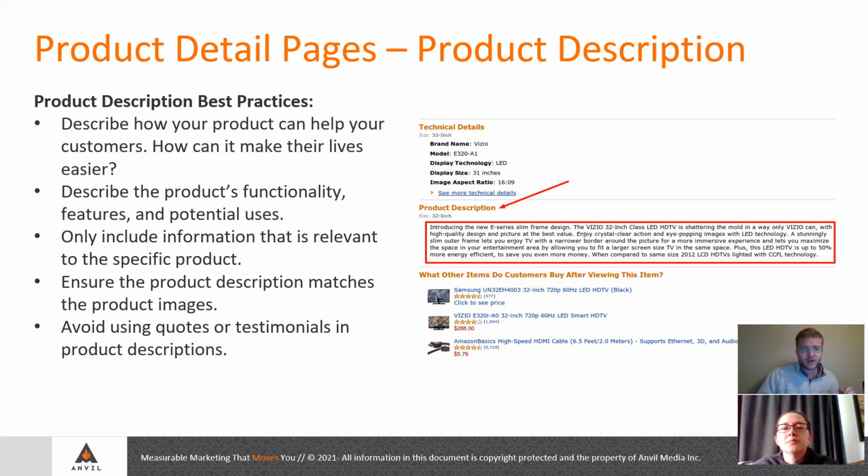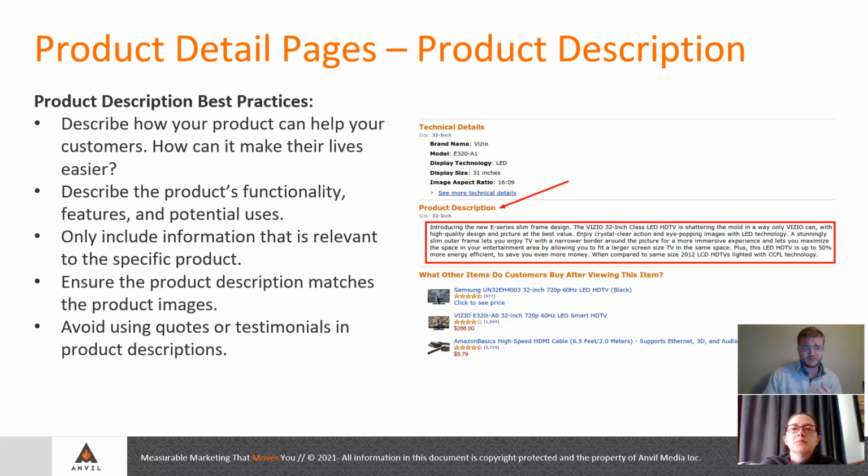Also only include information that is relevant to this specific product. And I say this when brands are offering a product with additional accessories around the product. I typically would say, try to avoid those additional accessories or calling out any of the functionality of those accessories, and stick to what this product actually is and its functionality.